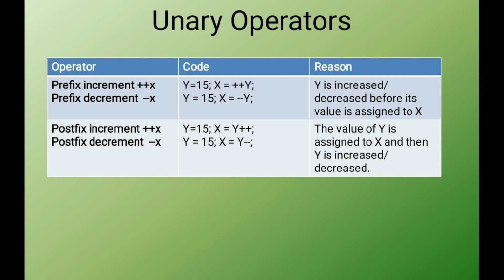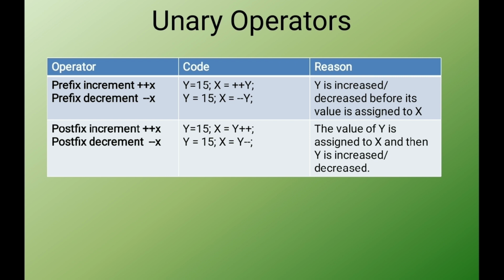Next we have unary operators. Unary operators require or take only one operand. They perform various operations like incrementing or decrementing the values, negating an expression, or inverting the value of a Boolean expression. Here we introduce the concept of prefix and postfix.